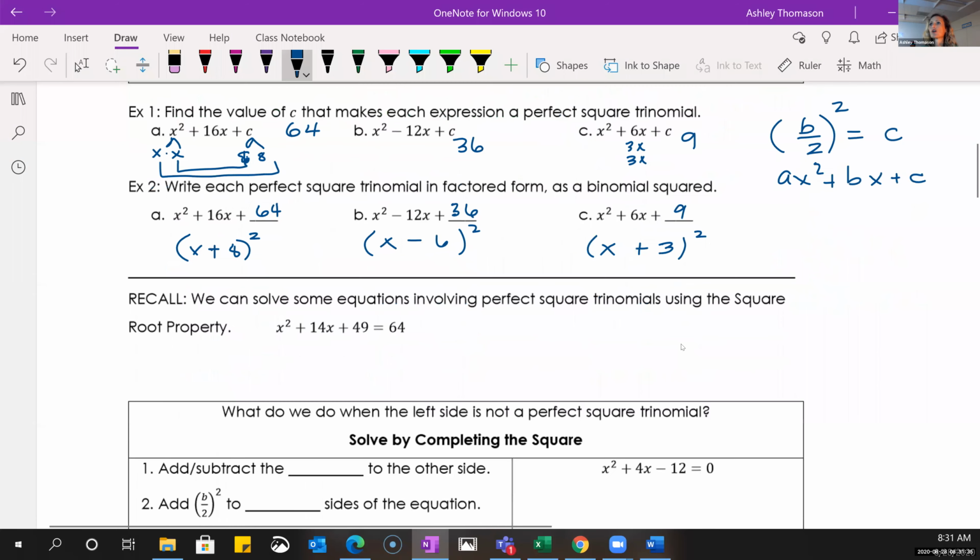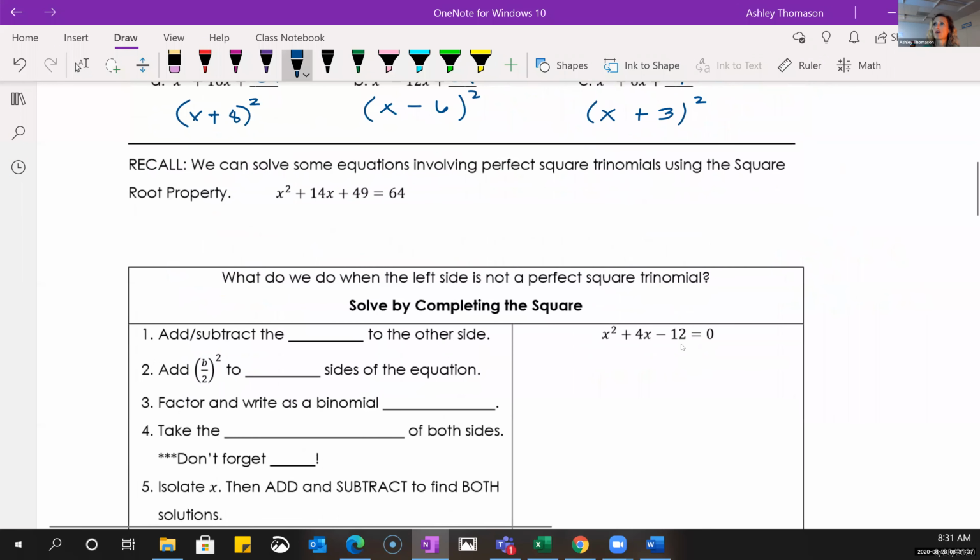Recall we can solve some equations involving perfect square trinomials using the square root property. This is something we already learned. This is a perfect square trinomial because half of 14 is 7 and 7 squared is 49. So I can factor this as x plus 7 quantity squared equals 64, then square root both sides to solve.